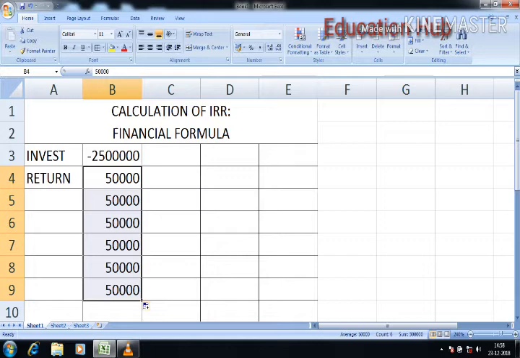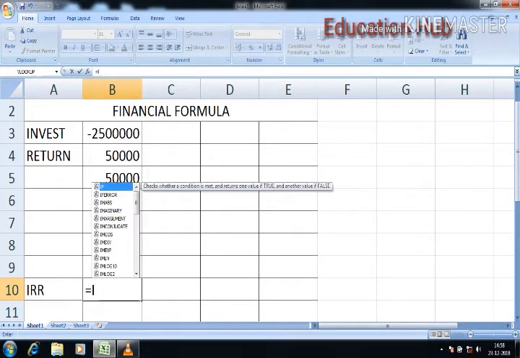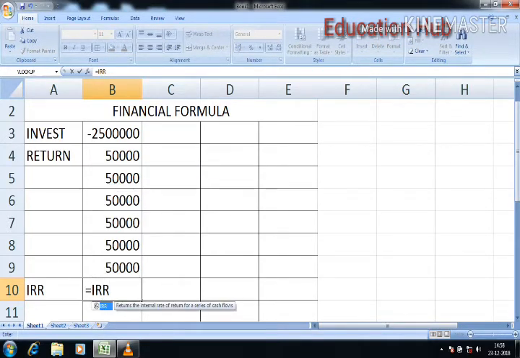Why? Because if the ratio of inflow and outflow, or investment and returns, is calculated, it is possible to give a result within a 100% range, because the rate of return comes as a percentage. See here, I am giving the formula: IRR calculation equals IRR. Then I have to select all inflows and outflows.